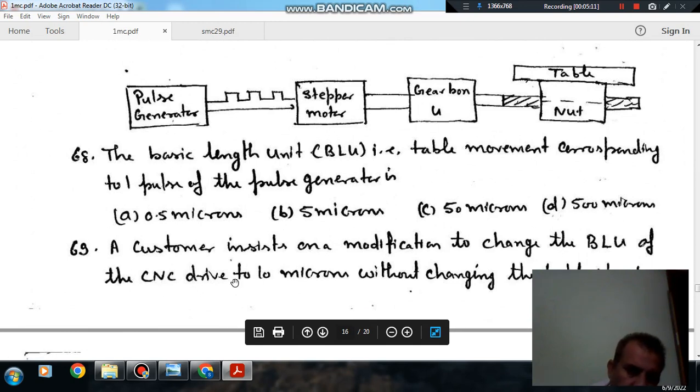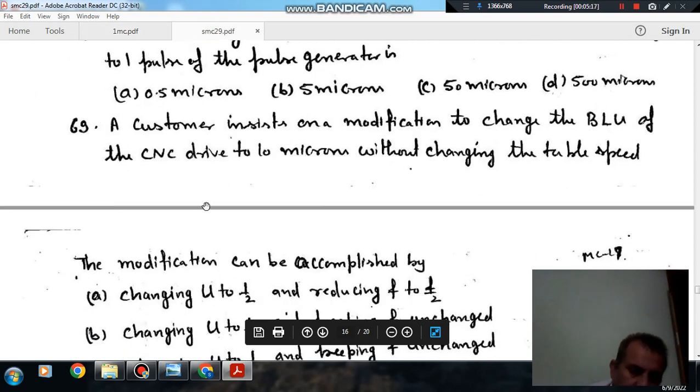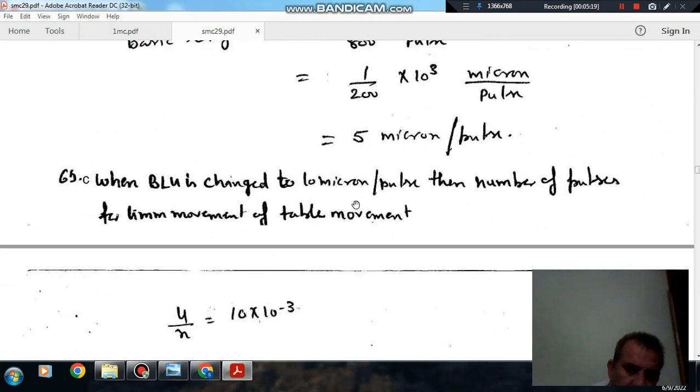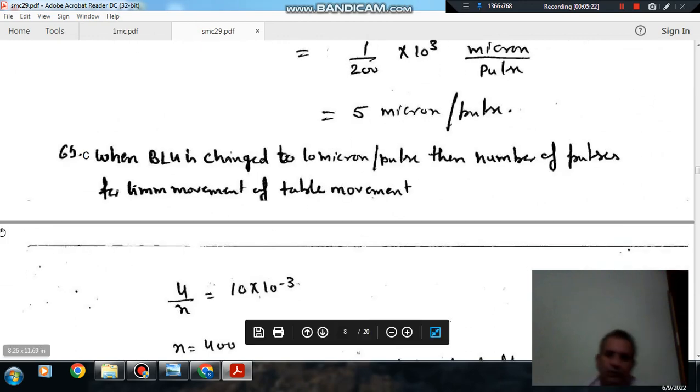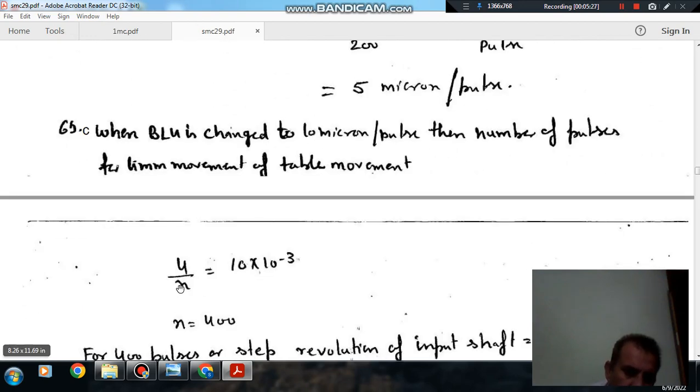Now it is desired to change the BLU of the CNC drive to 10 micron without changing the table speed. So what modification can be done? Now BLU is changed to 10 micron per pulse. BLU is the movement of the table divided by the number of pulses.